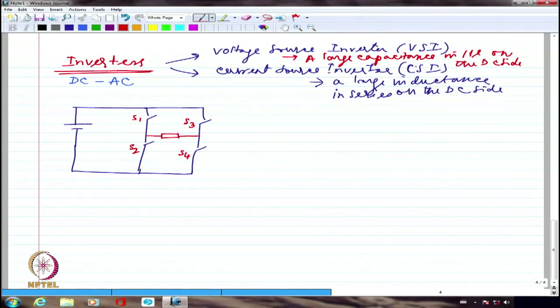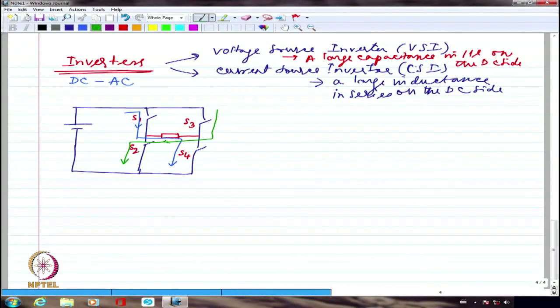Maybe a single phase induction motor, for example, right? So when S1 and S4 conduct, I am going to have essentially a current this way. Whereas when S3 and S2 conduct, I am going to have a current in the opposite direction, right?